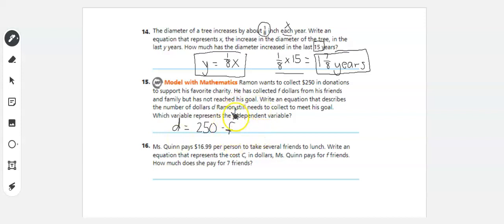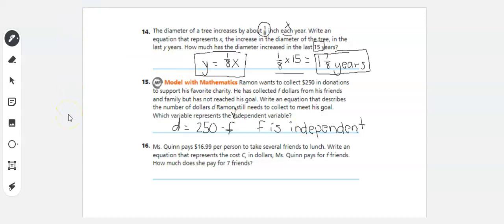This guy right here is the independent. So F is independent. In this problem, they asked for the independent variable instead of plugging in the numbers, so you actually don't have a number answer.